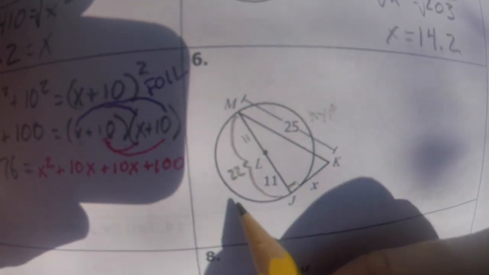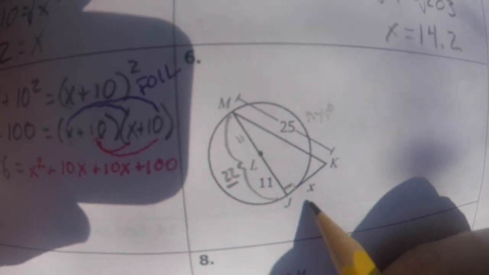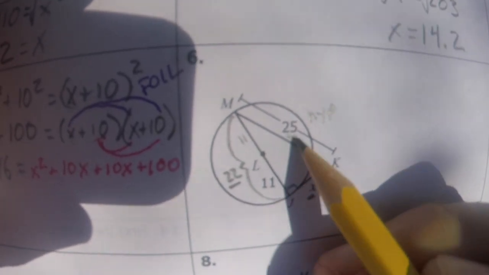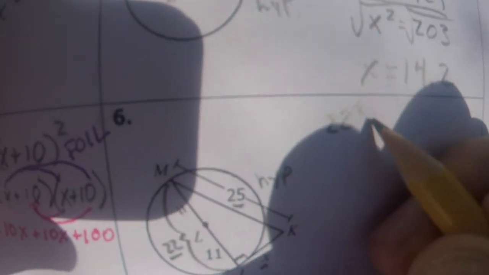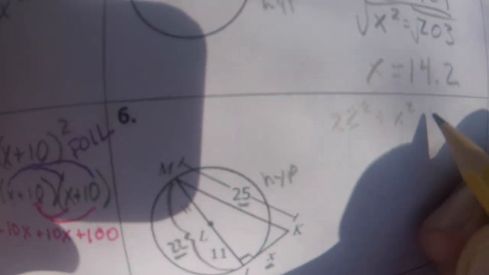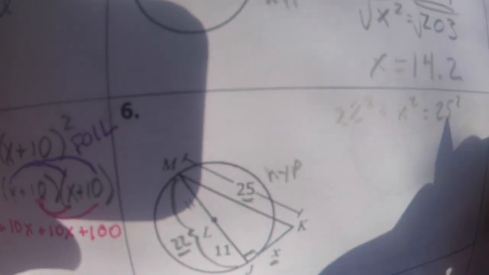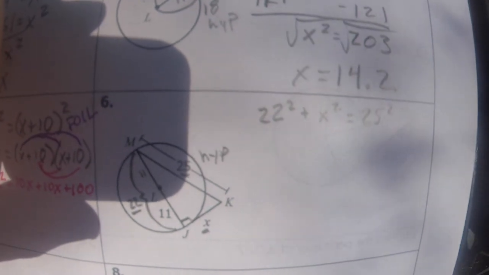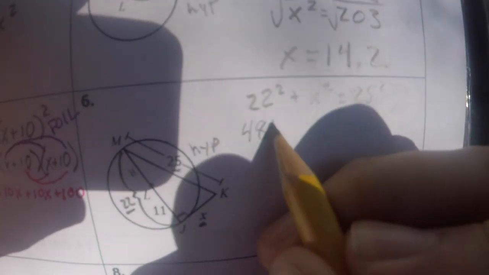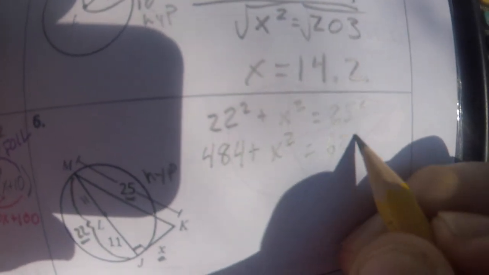All right, so we're going to set up the Pythagorean theorem. 22 squared plus x squared equals 25 squared. 22 to the second power is 484, plus x squared. 25 to the second power is 625.